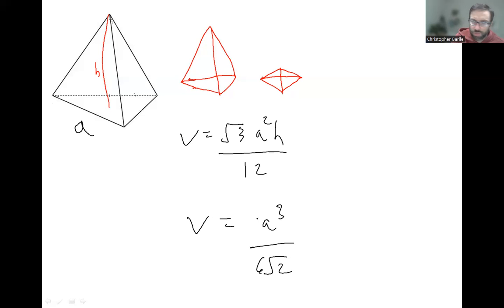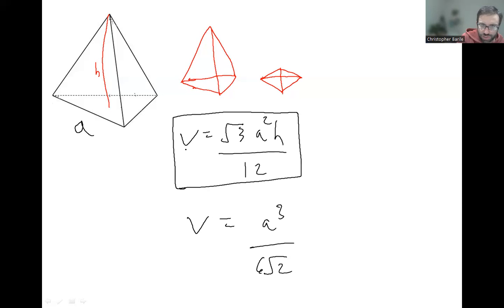So in this video, we'll be deriving both of those formulas, but really where the calculus comes in is this generic one, and then we're just going to figure out the height for a regular tetrahedron, and that's going to get us to this one. So that's the regular tetrahedron.